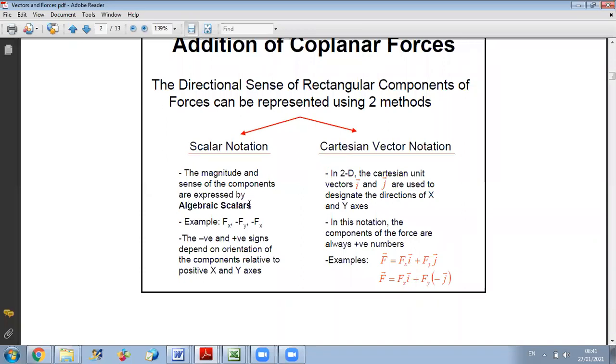For example, I just represent any vector by components. Let's say vector f1.